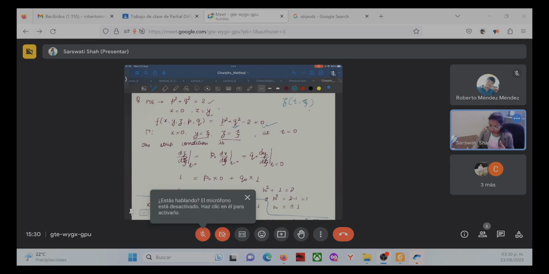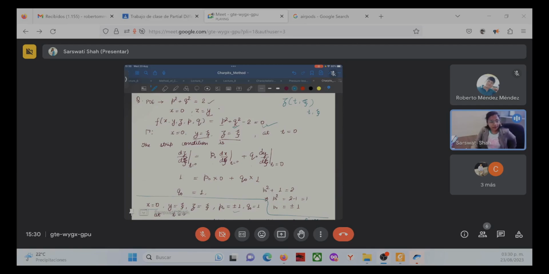So for that, this t comma xi can be expressed in the form of x comma y. So we will be getting the solution z of x comma y, and that will give us the unique solution. This is the most important thing: between the parameters x, y and t, xi, there should be a one-to-one correspondence. It means the Jacobian of this should be non-zero. So that is the second thing.